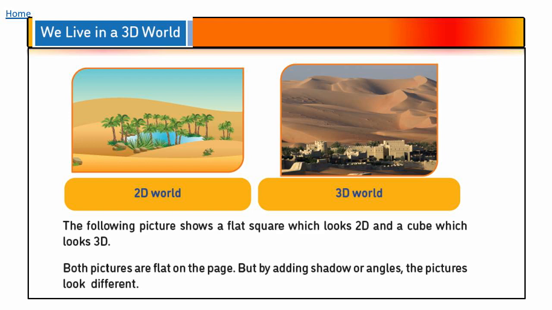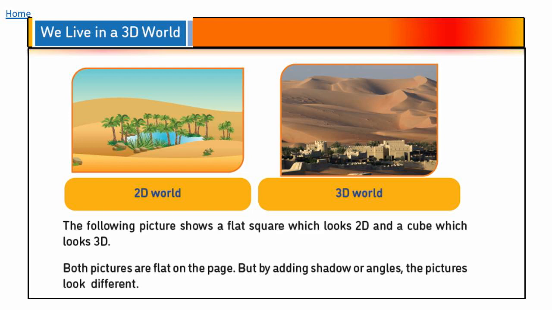Let's have a look at these two examples given on this slide. The one on the left is just a simple 2D drawing, and the one on the right is a 3D drawing. The 3D is definitely more realistic because it has an addition of shadow or angles.